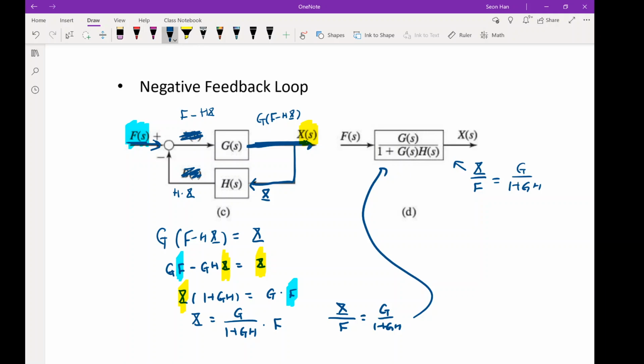That makes sense, because F times the transfer function G over 1 plus GH equals X. Divide both sides by F and you get X over F. So when I see this type of block, I recognize right away that output over input equals that transfer function.